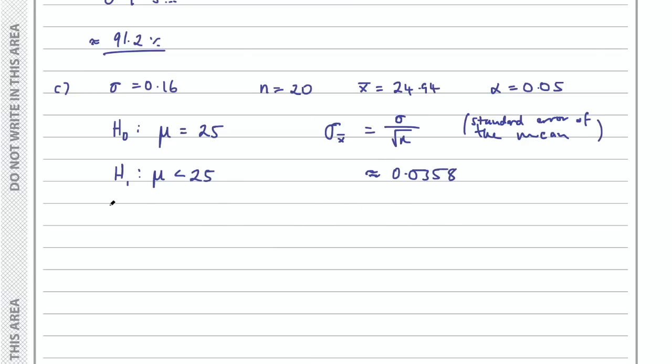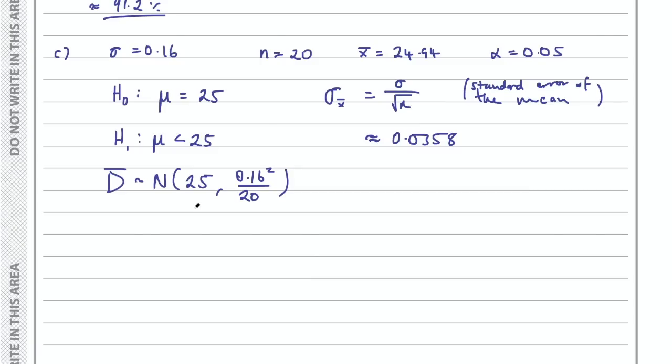Then we can say this distribution of the means will be a normal distribution with a mean of 25 and a variance of 0.16 squared over n, which is 20. Remember, you usually write the standard deviation squared to stand for the variance.